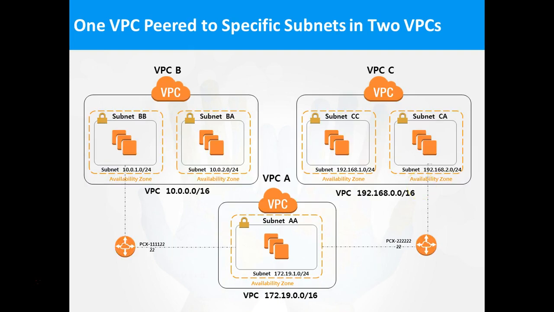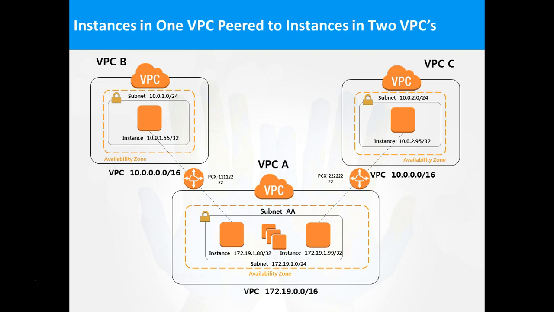Here in this architecture, you can see one VPC peered to specific subnets in two VPCs. So in this architecture, instances in one VPC are peered to instances in two VPCs, which means only these specific instances can communicate privately.